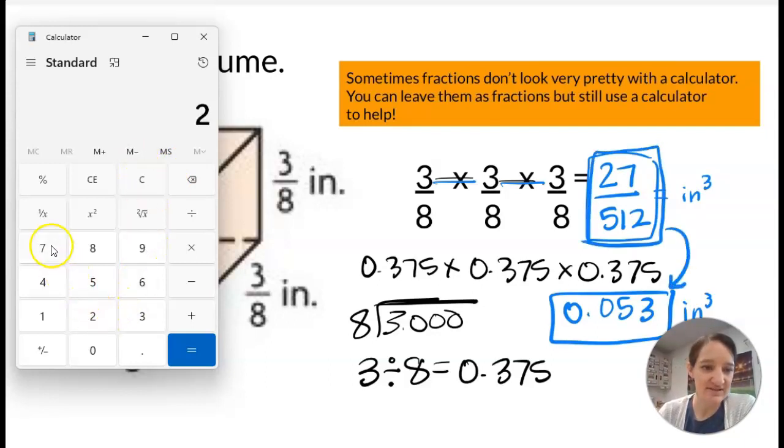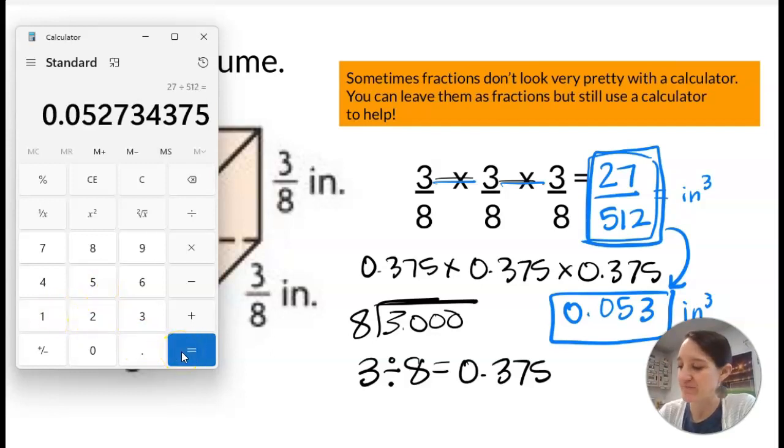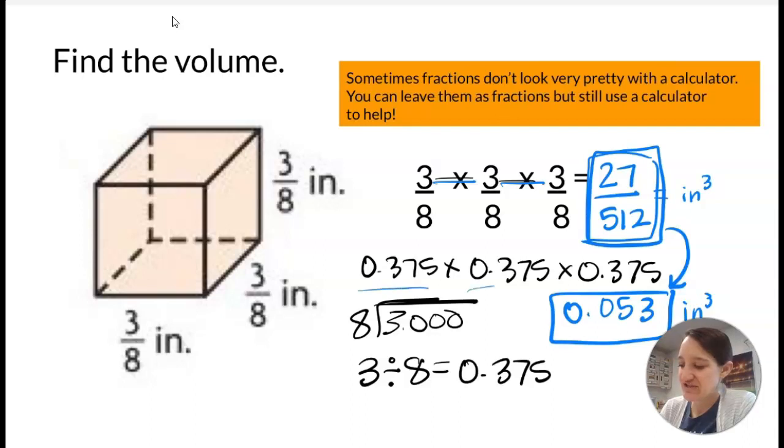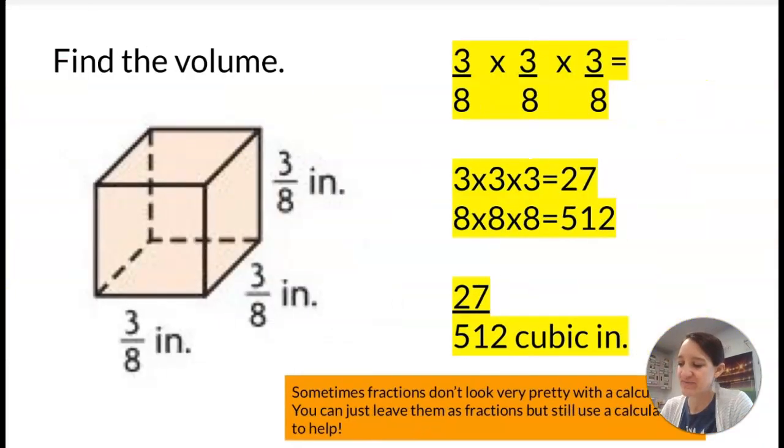Let's go 27 divided by 512. Yep, it's the exact same thing. So either way you do that, that one was probably the yuckiest one you're going to see. You can choose to change it into decimals or keep it as fractions, and then just use a calculator to help you multiply straight across.